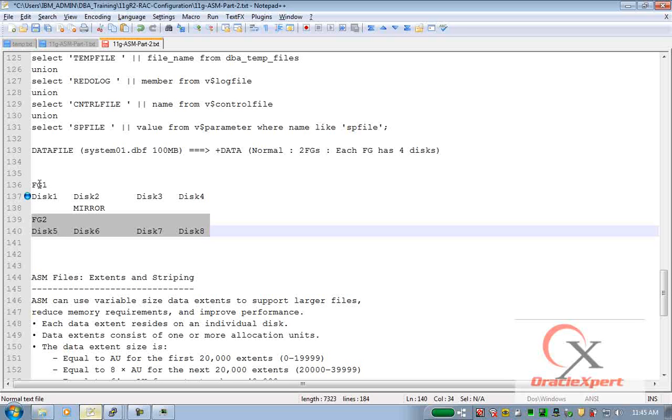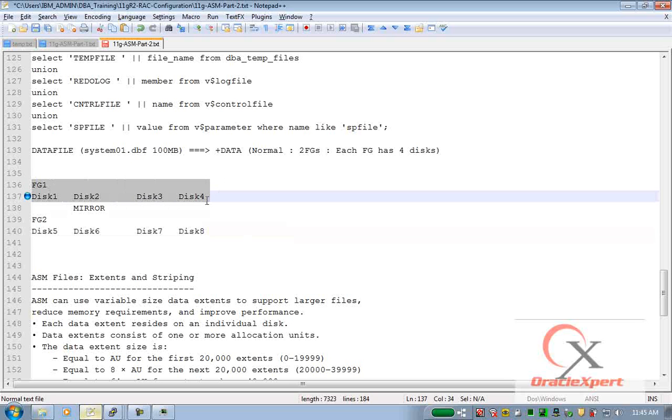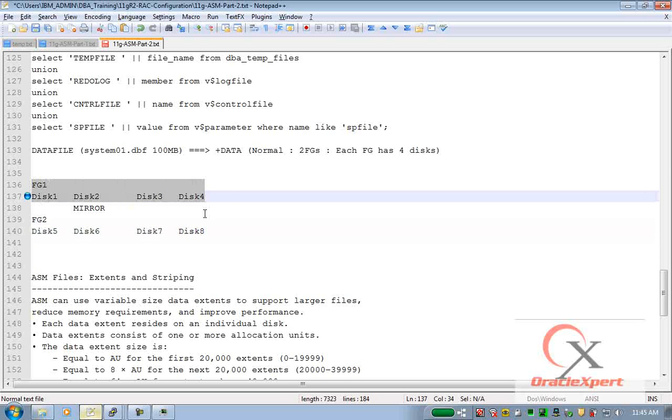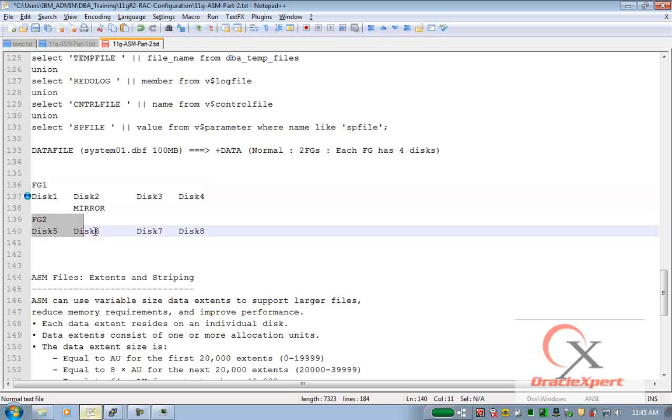So if I have written my data extents for system01.dbf here, that doesn't mean whatever is written on one disk here will be written on the corresponding disk in the other group. But one thing is for sure, whatever is written in failure group 1, the same data is redundantly written in failure group 2, may or may not be on the corresponding disks.